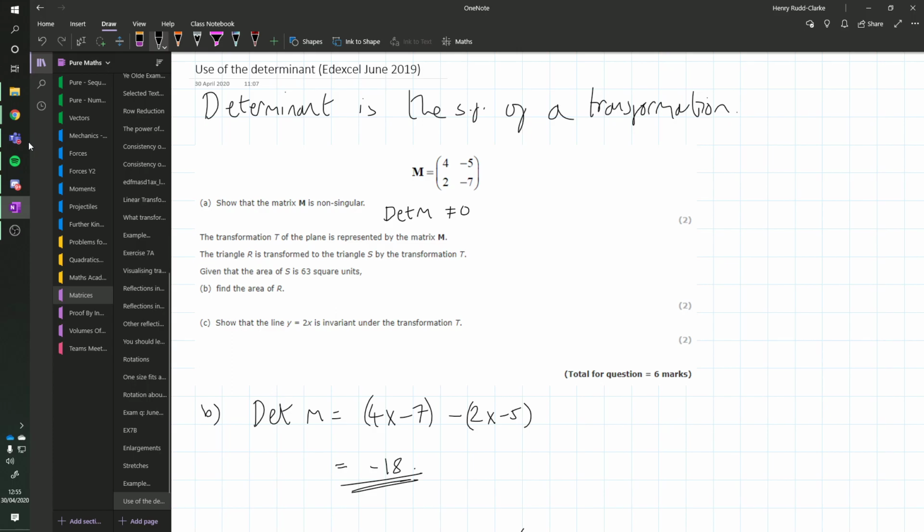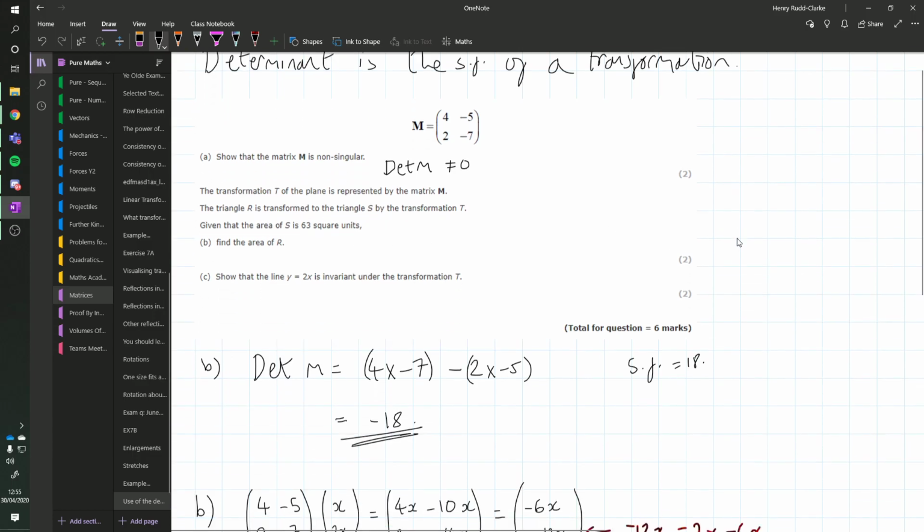So the scale factor is negative, which doesn't really matter. As you'll know from negative enlargements, the negative just means it's flipping to the other side of the center of enlargement. So the scale factor here is essentially just 18. S is 63 units. S is the result, what this triangle is transformed into.